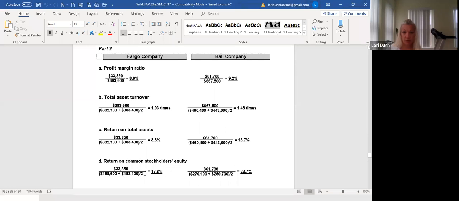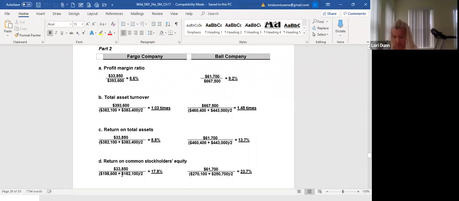Now divided by the total amount of money they have invested in the company, which would be average total stockholders' equity. So the $133,000 in common stock plus the $65,600 in retained earnings would be added together, and we get $198,600 for their ending common stockholders' equity. The beginning, we would go over to the right side.